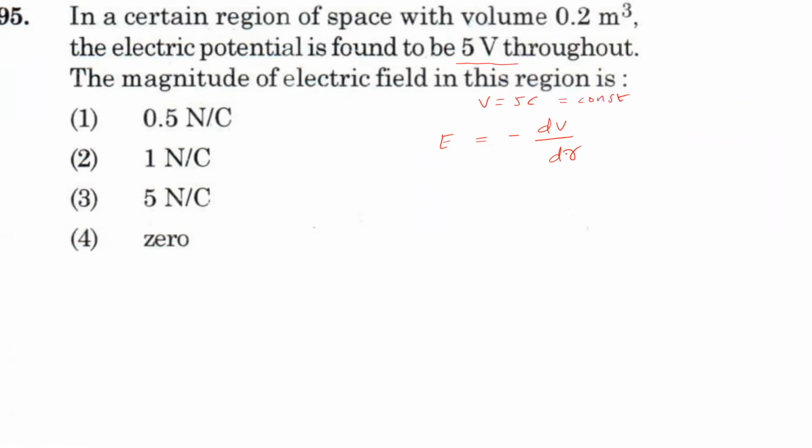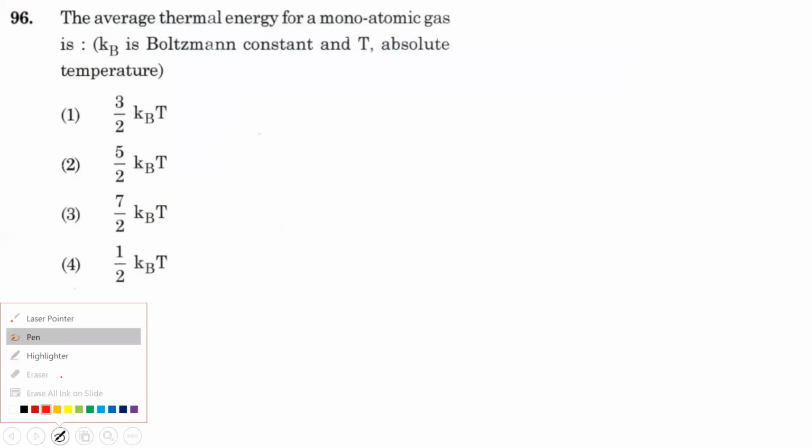If you differentiate a constant, the value is 0. So the electric field intensity in that region is 0. Fourth option is correct.